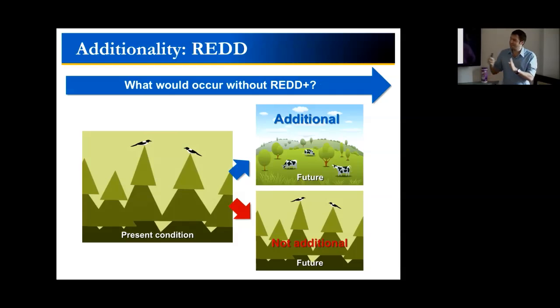And this caused a lot of discussion in the literature because if you think about it, forests that belong to big farmers in the deforestation frontier are very likely to be converted to pastures or whatever. But forests that belong to a poor community in the middle of the Amazon are unlikely to be converted, so they are unlikely to have additionality.